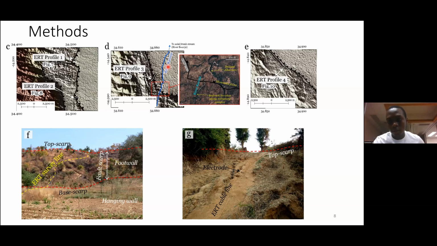This is important because we used it in our interpretation. And these are figures from the field showing how the profiles were taken. So we have the resistivity line laid just perpendicular to the fault, and what we estimated as our fault scarp, the footwall, and the hanging wall.